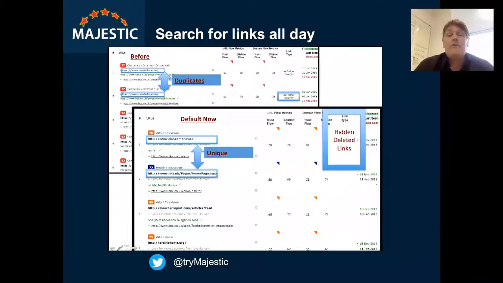Well, you can use Majestic to search all day for links. And of course, the bucket list does make it easier for you to just put things into a pile for later. But we have just changed the defaults for Majestic so that before, if you were looking at the top links to any website, then potentially Site Explorer would show you lots and lots of links from site A to site B. Whereas now we're assuming that you want to see the top link.